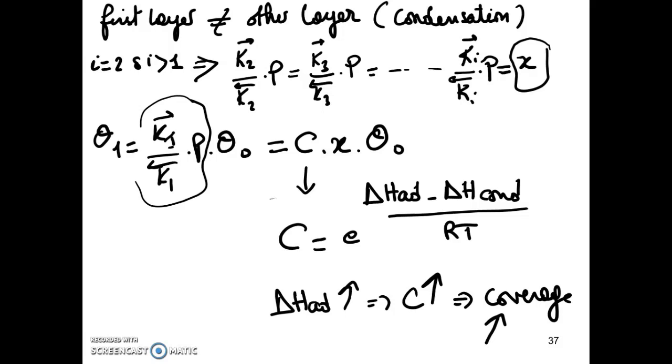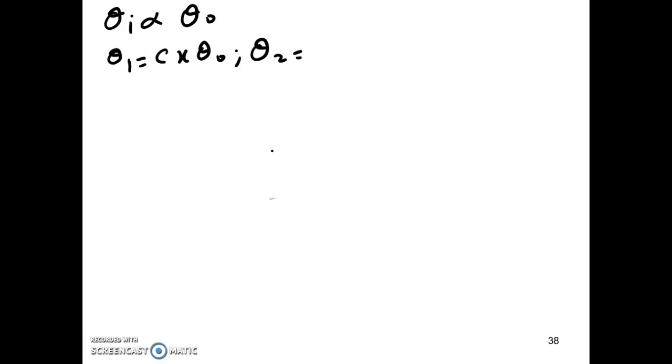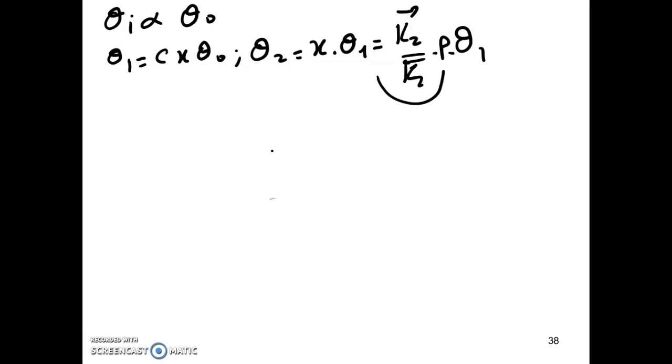Now, if we want to try to correlate all the thetas, or to develop theta I as a function of theta 0, we have theta 1 equal Cx theta 0, and theta 2 equal X theta 1, because it is equal K2 adsorption over K2 desorption times P times theta 1, and this factor is X. So if we put theta 1 by its value, theta 2 will be equal to Cx squared theta 0.